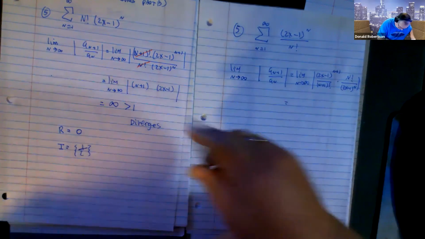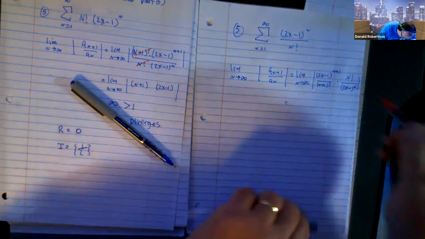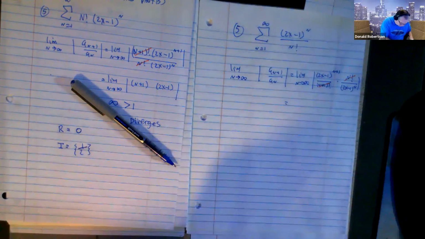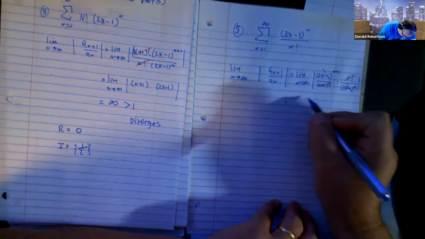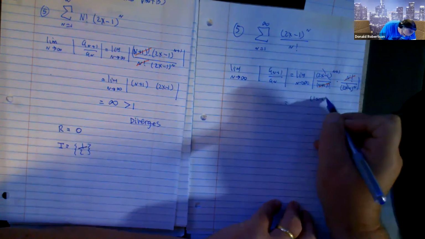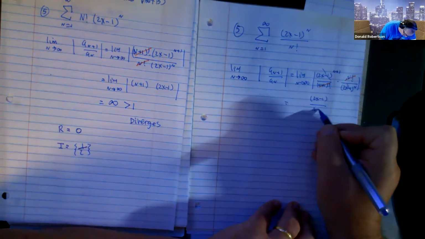And when you do the cancelling, do you see the n plus 1 now ends up in the bottom? And when you cancel these, you get a 2x minus 1 left on the top over an n plus 1 on the bottom.